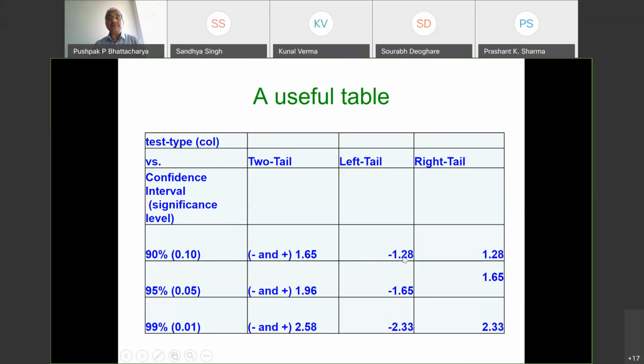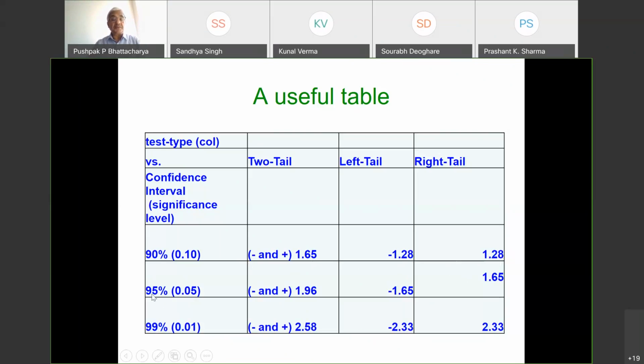I do not have the positive region accessible to me, so it is minus 1.28. And similarly, on the positive side, the critical point also has to move towards zero, so this is 1.28. So we have 1.65 and minus 1.65 for the two-tailed test, and minus 1.28 and plus 1.28 for the one-tailed tests.